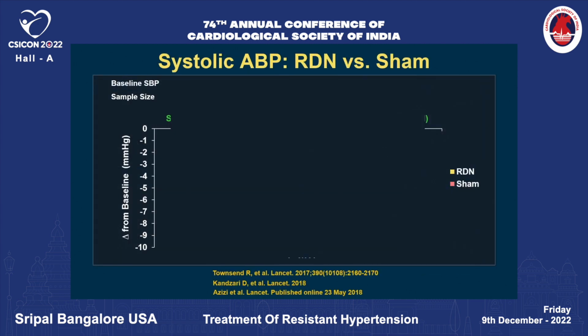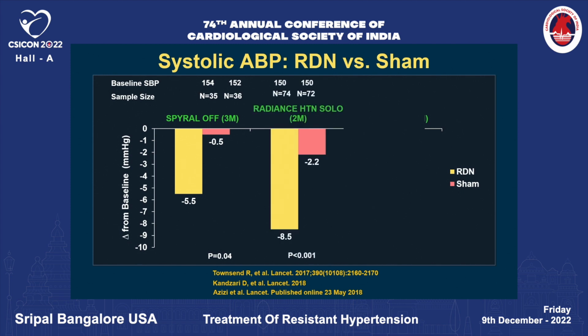If you look at the second-generation renal denervation trials, all of these had sham control, and they looked at ambulatory blood pressure reduction. In the Spyral Off-Med trial, when patients were taken off all their medications, you see a 5 millimeter decrease in ambulatory systolic blood pressure.